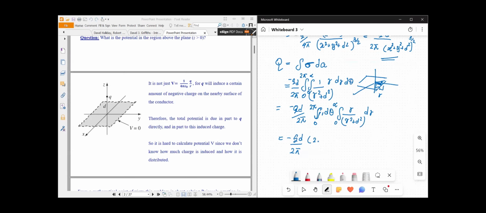So we get 2 pi, and we need to integrate from 0 to infinity r over r squared plus d squared dr. Here it's x squared plus y squared plus d squared to the power 3 over 2, so the power is 3 over 2.